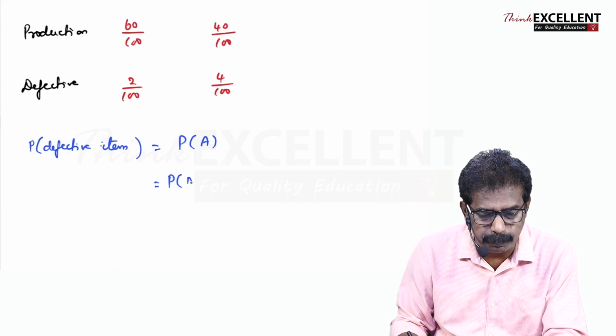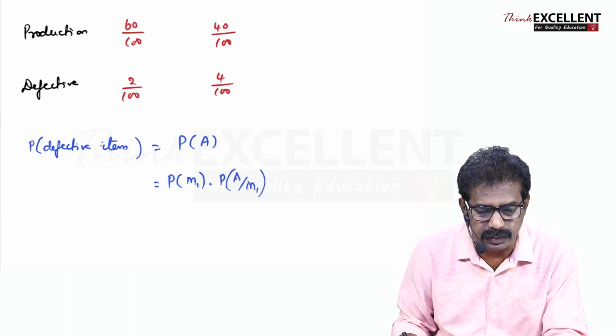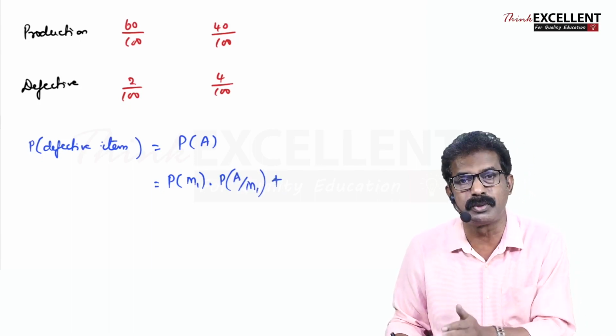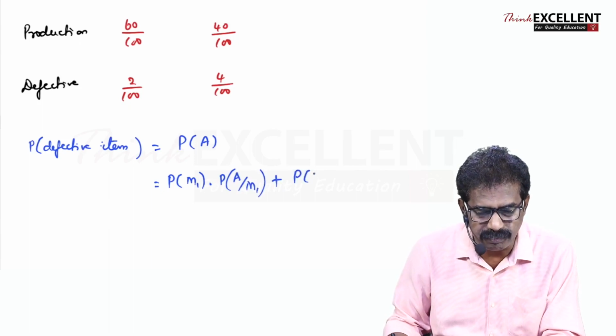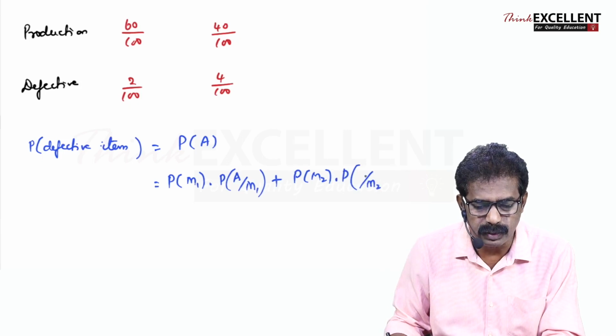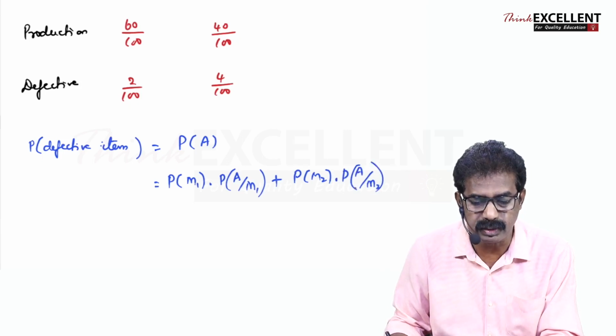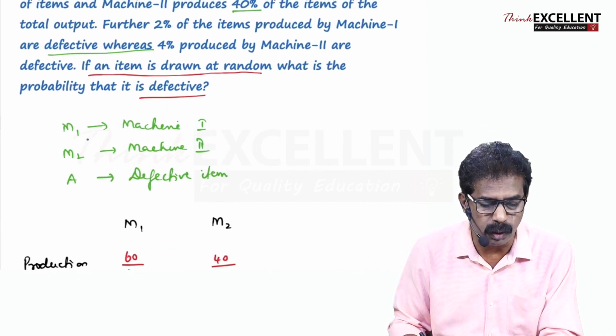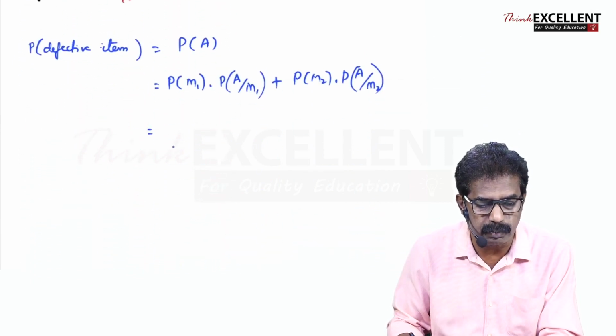Selecting the first machine, P of M1, and now the first machine is selected, it gives a defective item, P of A given M1. Same way for M2: select the second machine, P of M2, into, now that the second machine is given, it produces a defective item. Defective I have taken as A, right? The items produced by machine 1 are 60%, 60 by 100.